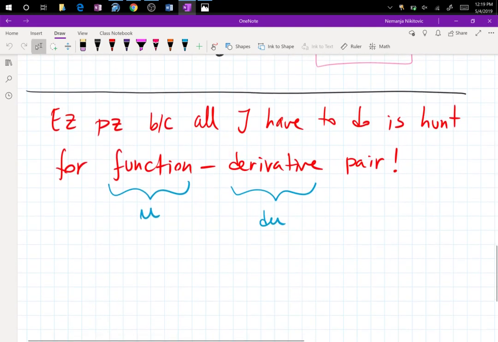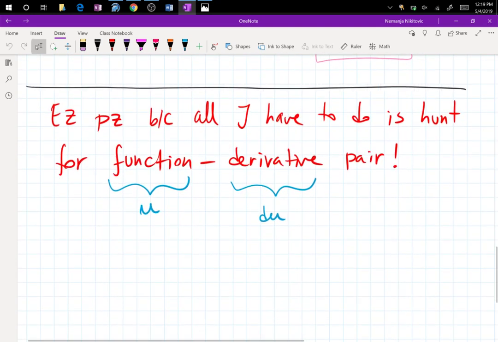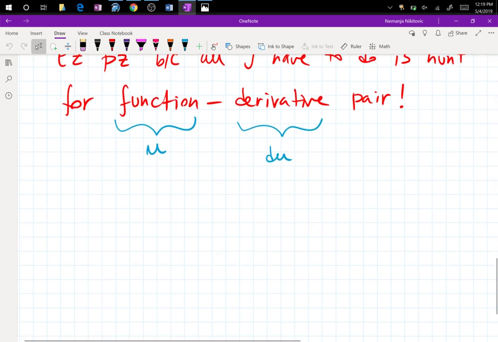So now, that being said, you are constantly hunting for function derivative pair, right? Function derivative pair. So let's take a look at another two examples.